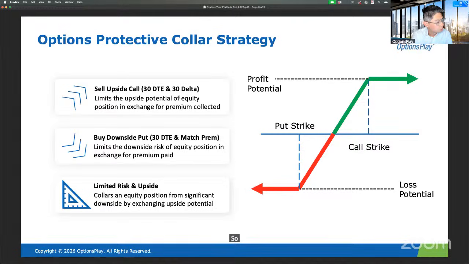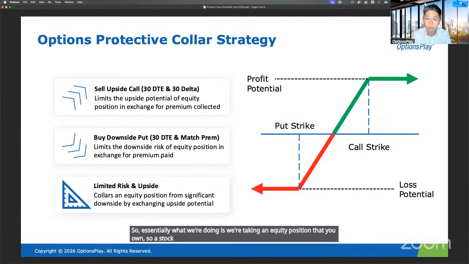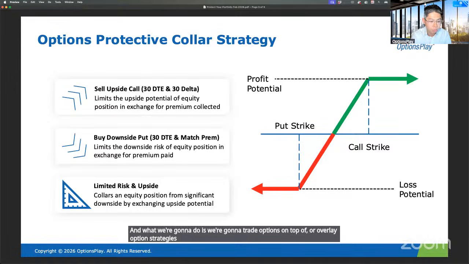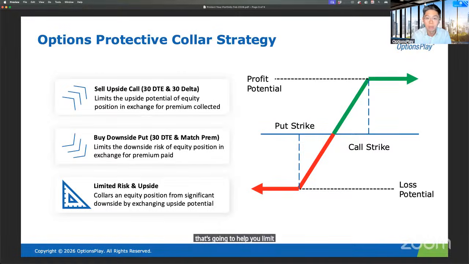So essentially, what we're doing is we're taking an equity position that you own, so a stock or ETF that you own in your portfolio, and we're going to trade options on top of or overlay option strategies on top of your equity position that's going to help you limit your downside on that specific security. And we're going to achieve this by trading two separate legs.